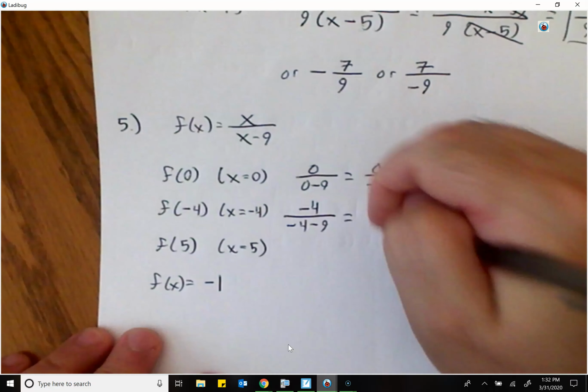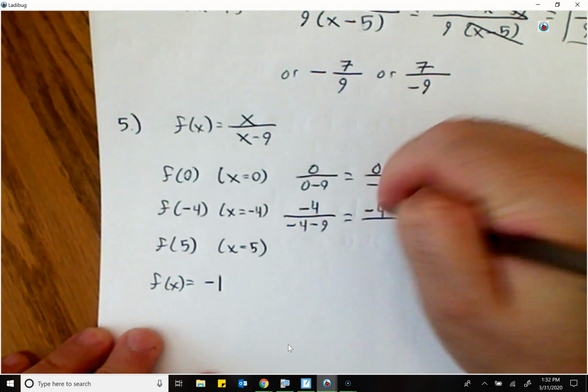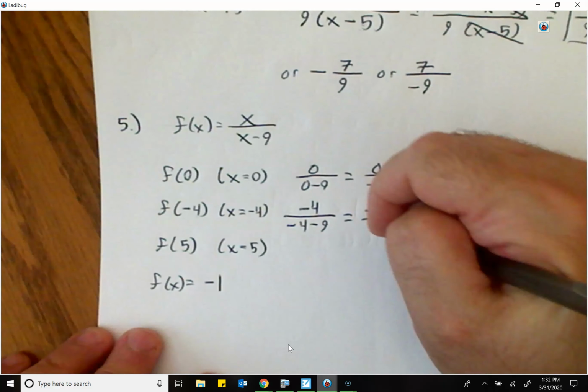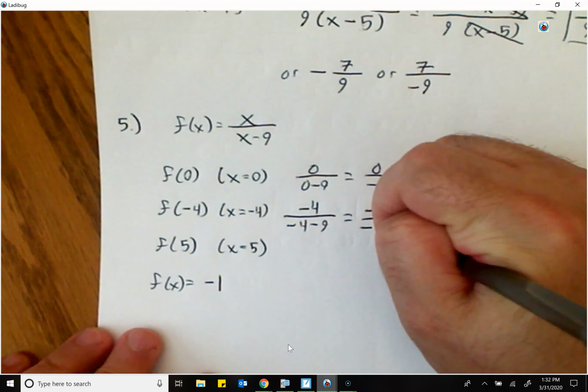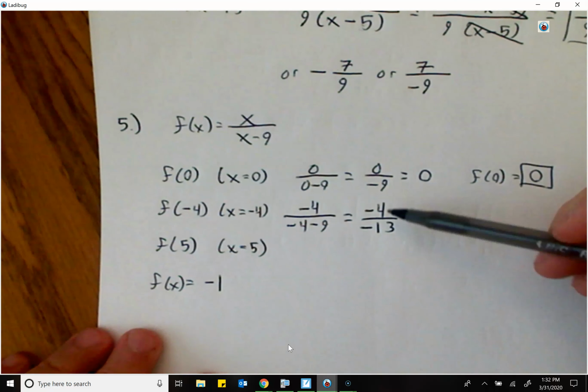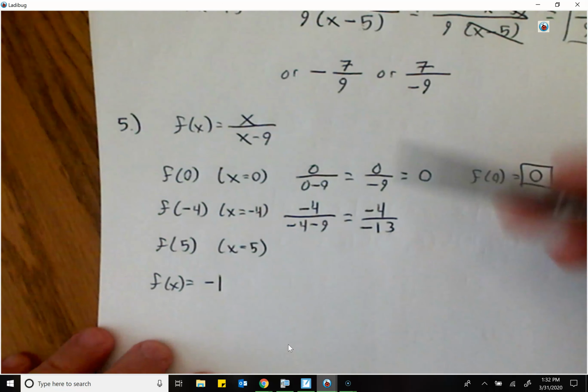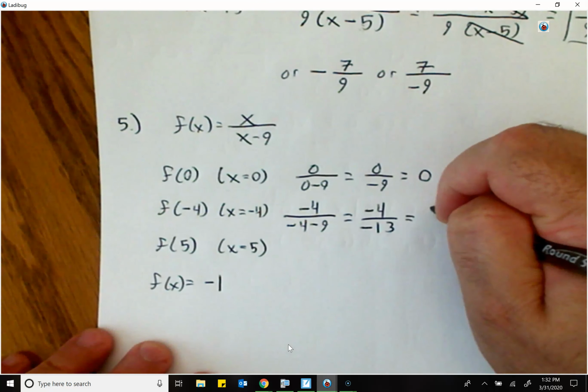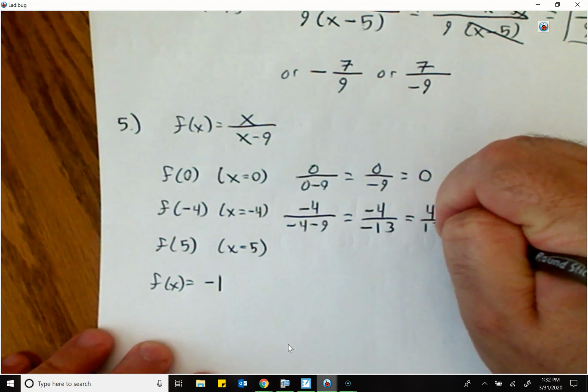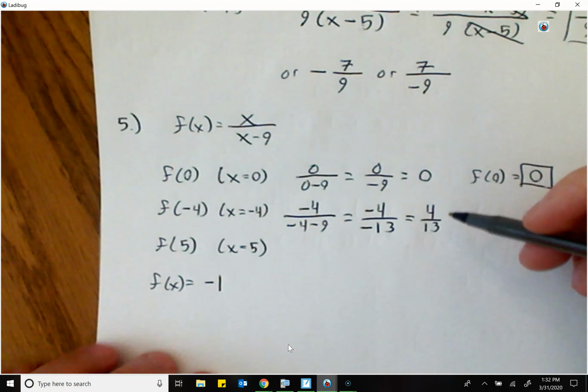So negative 4 is on top. Negative 4 minus 9 gives us negative 13. What's a negative divided by a negative? That will give you a positive 4/13. And they do want the fraction.